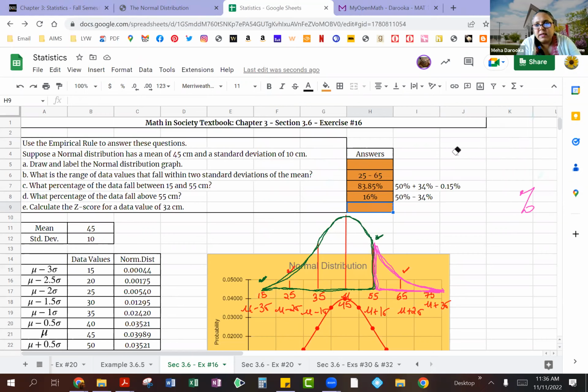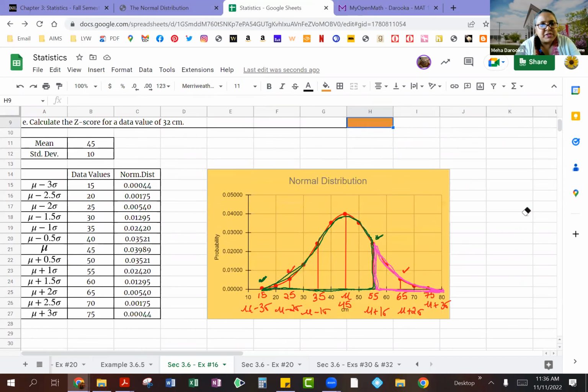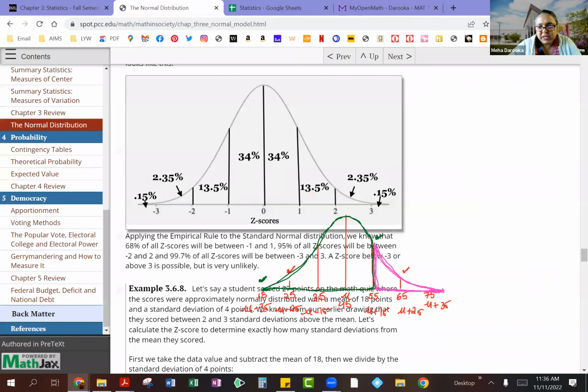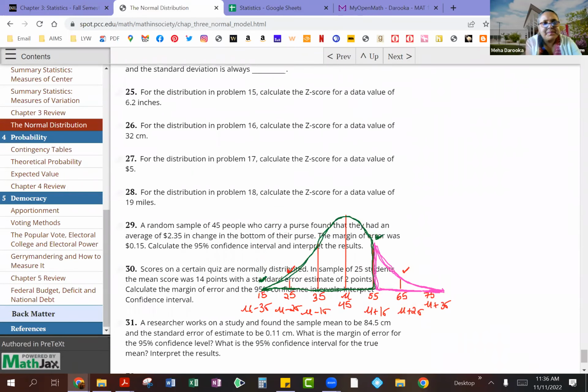All righty. Now, the last question is actually not part of 16, but it is part of the question. So it's asking us to calculate the z-score, and I actually got that from this one over here.